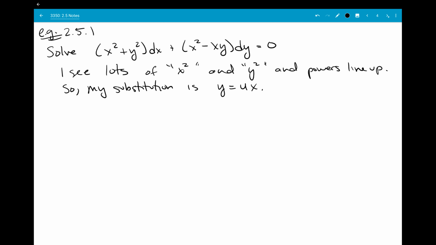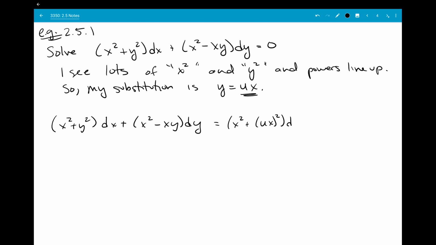And so what I would do is start out by saying, if this is what I'm substituting, I'm going to take my (x squared plus y squared) dx plus (x squared minus xy) dy, and I'm just going to plug in that substitution. So now I have (x squared plus u squared x squared) dx plus (x squared minus x u x) dy.